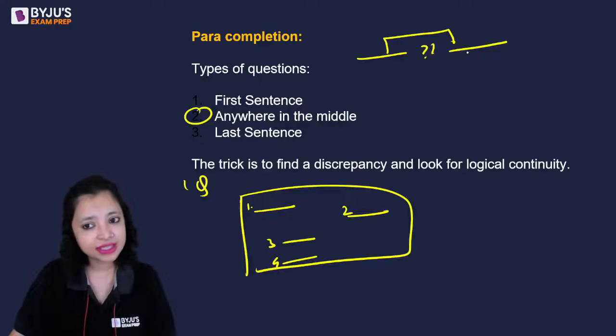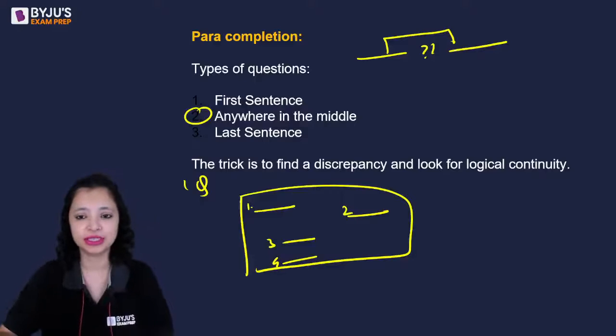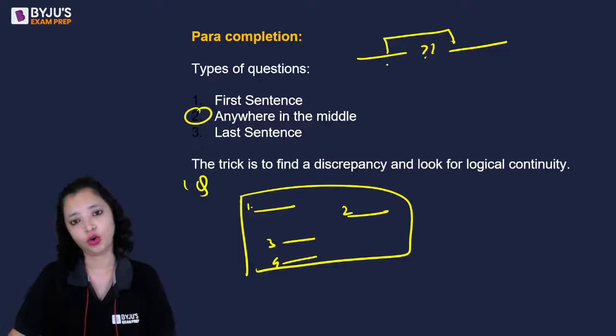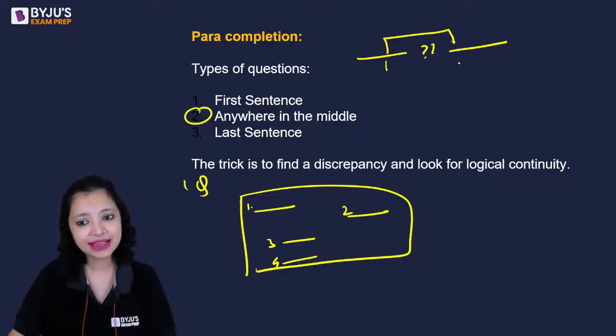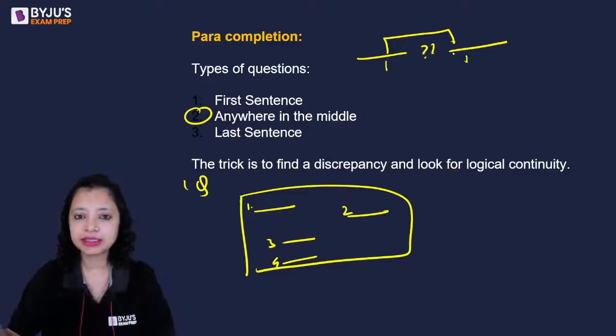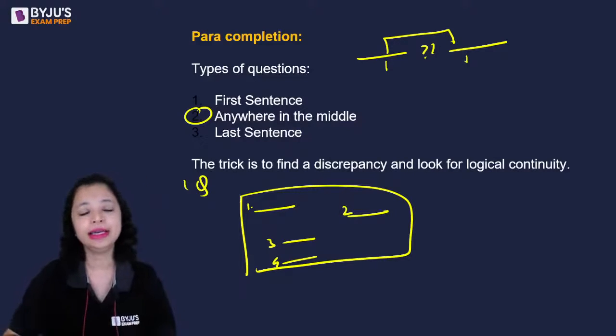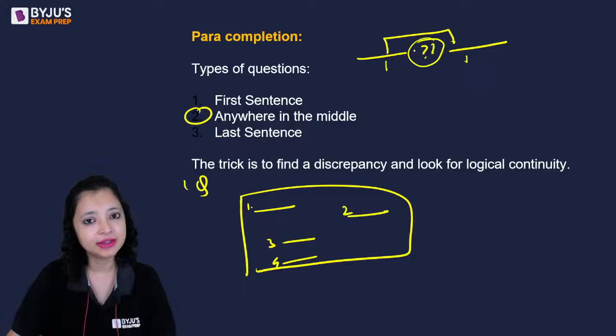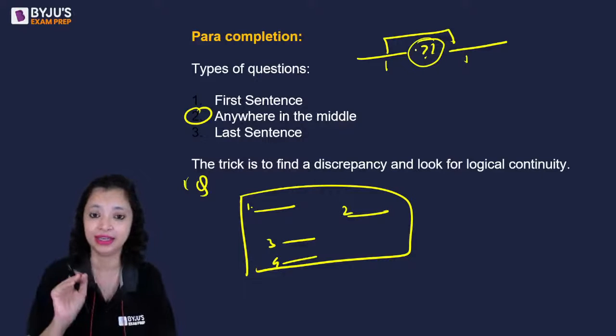That is, if the second line is in continuity with the first line. If the first line and the second line are in a sequence, they continue the idea being discussed in the first line, then there is no discrepancy here. That means the given statement possibly is not going to be a fit between the first and the second line.